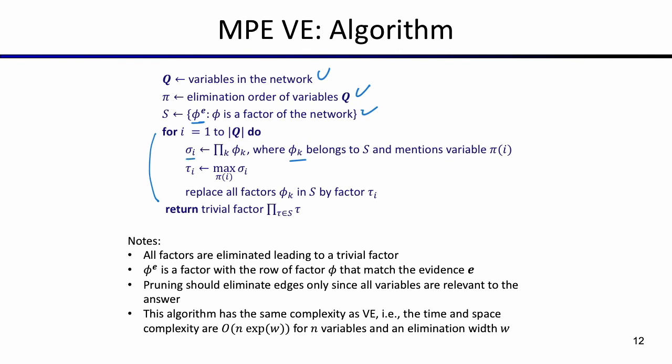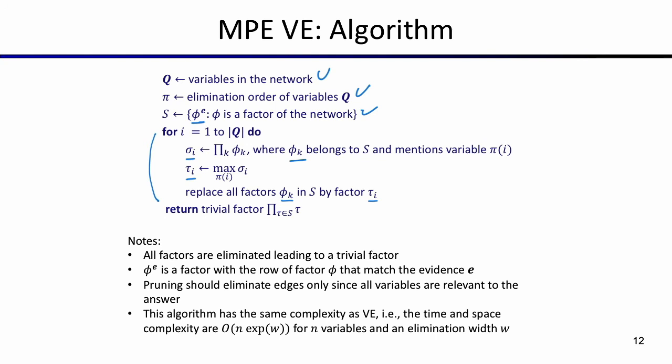This is the first step, and the second step is the maximization. Here we create a new factor that we are calling tau i, which is the maximum of sigma i over the variable pi i. So we are removing the variable pi i from the factors that we just multiplied. When we finish with that, we eliminate all the factors phi k that we multiplied, remove them from the set S, and introduce this new factor tau i, replacing all the factors that we multiplied.